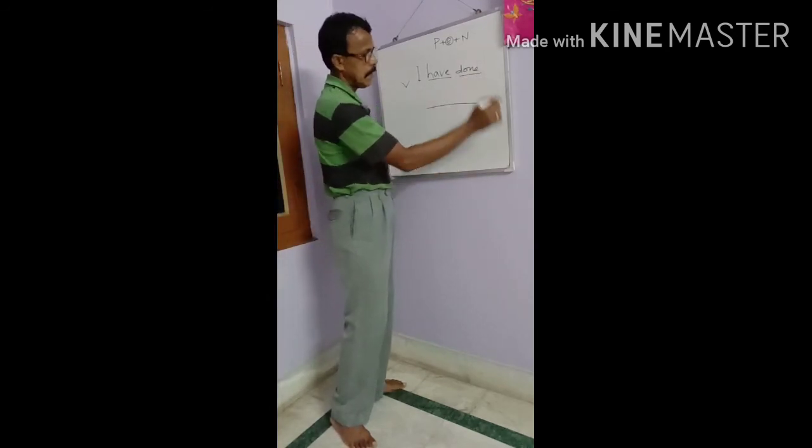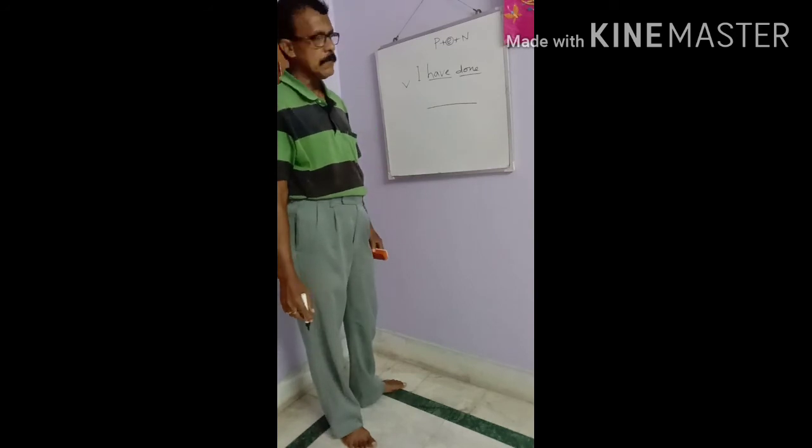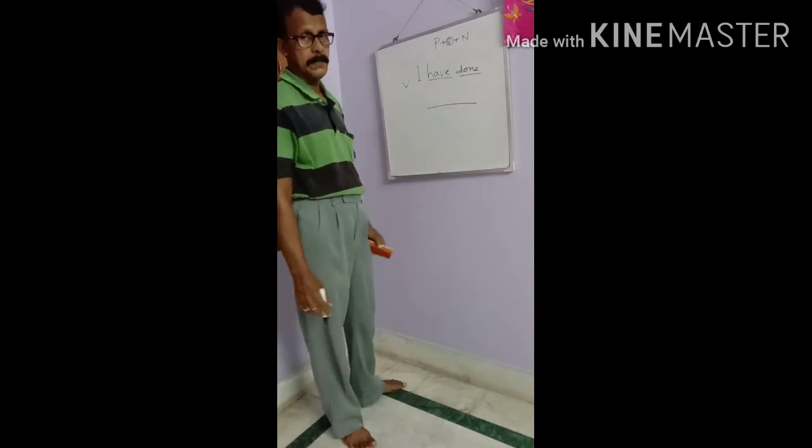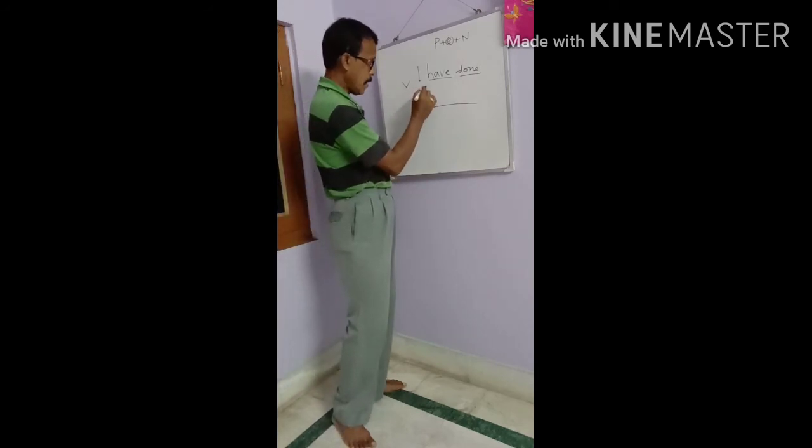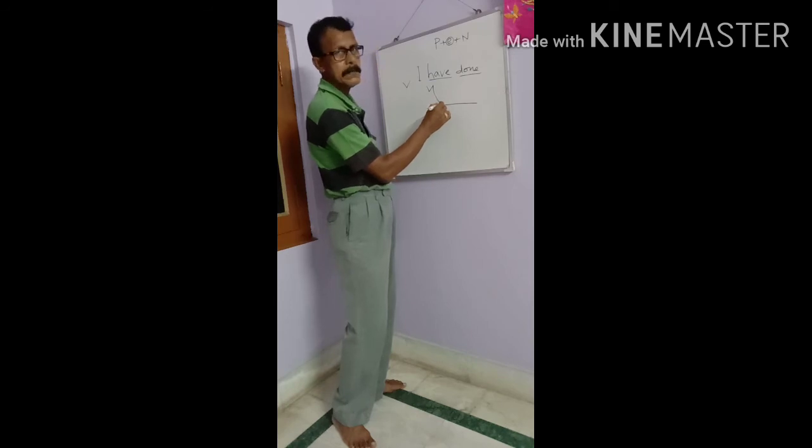And done we will write with the stenographic form. This is the form have. V on the line. Have is the grammalogs.